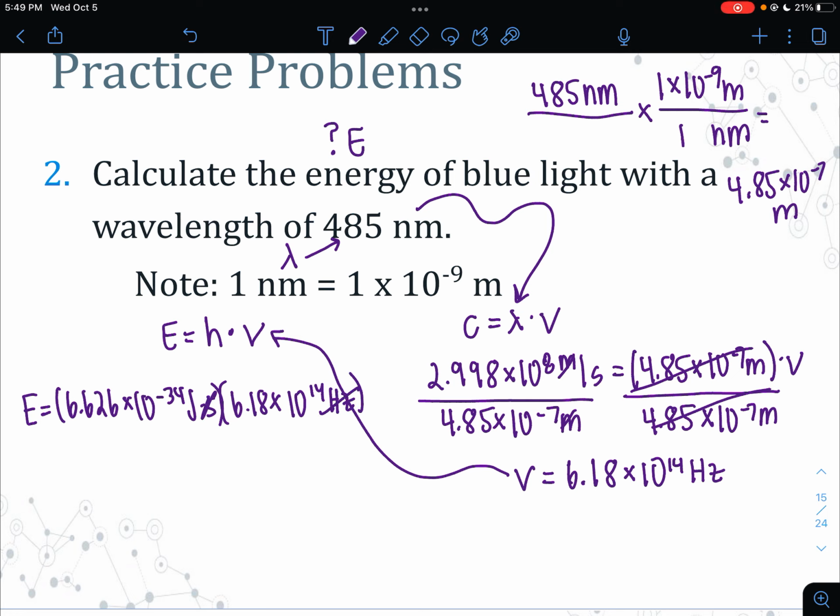So technically your hertz and your little seconds will cancel out and leave you with just joules. We will multiply these two numbers. My calculator gives me 4.10, it's 4.095, so it would round up, times 10 to the negative 19th joules.